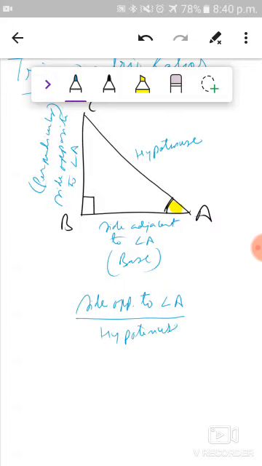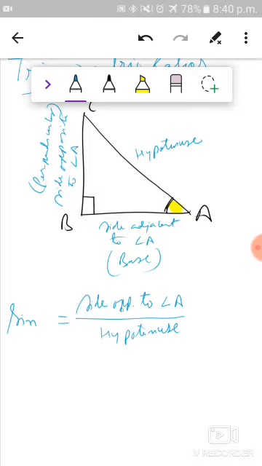So the ratio of the side opposite to angle A and hypotenuse is called sine.